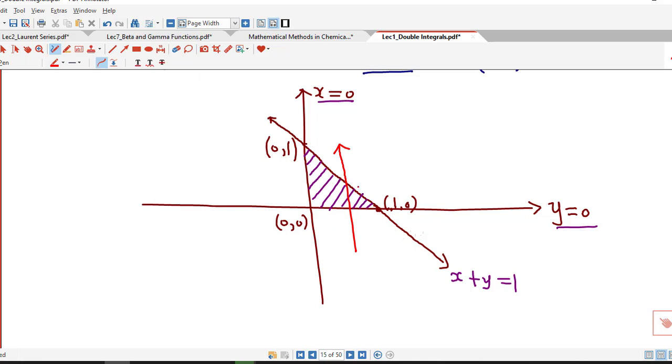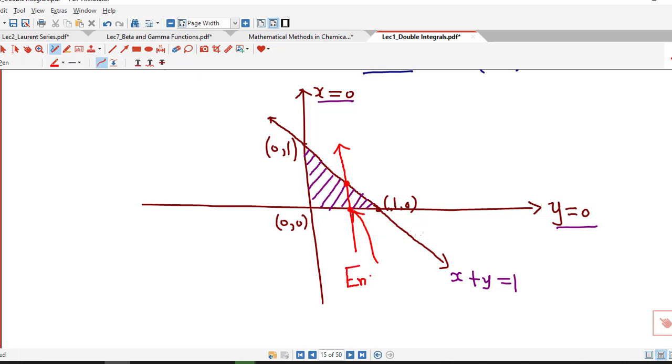So we draw or imagine a vertical line passing through region of integration. Now on this vertical line x becomes constant and y is changing. So we determine the value of y at points at which line enters in the region and line leaves the region of integration. So this point is on x axis, and at this point value of y is 0.